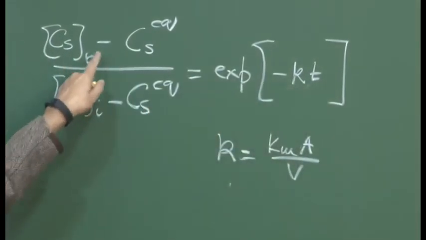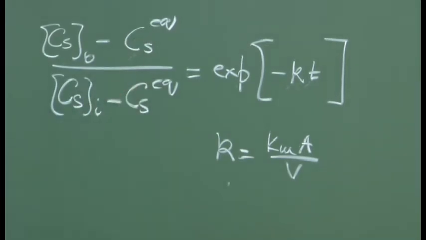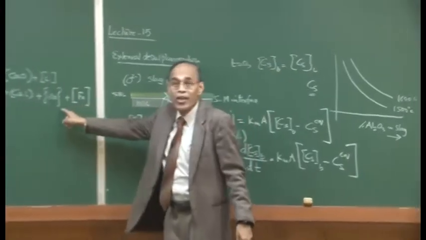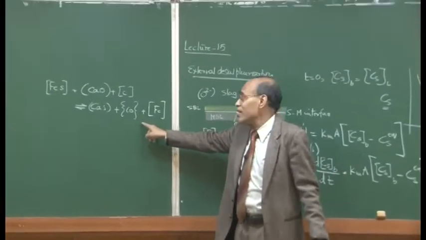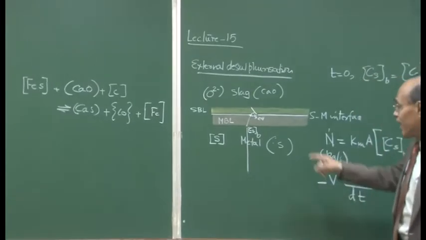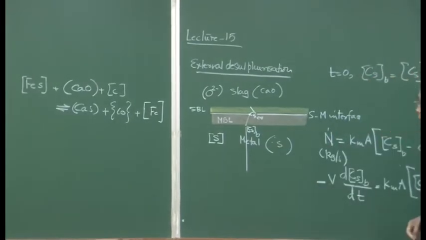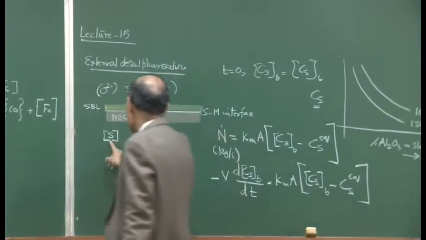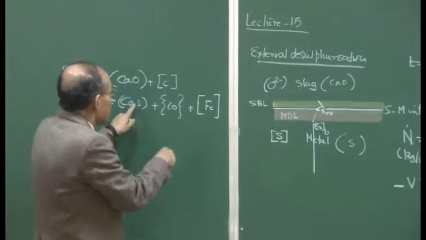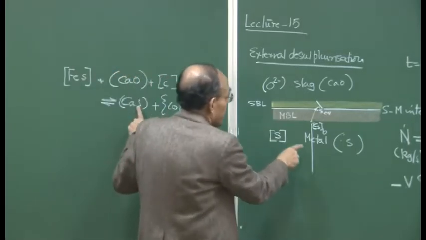So, therefore, the bulk concentration will approach the equilibrium concentration, which, if one calculates the equilibrium by putting in the delta G naught value for this, one can find out the interfacial concentration of sulfur at the interface, because whatever sulfur is transported here is immediately converted to sulphide, and goes as sulfur ion as what I have written here.